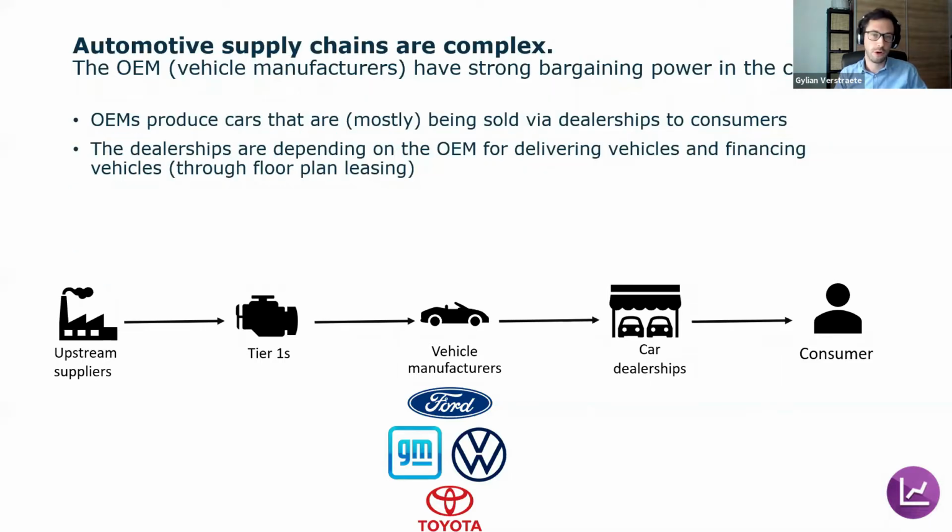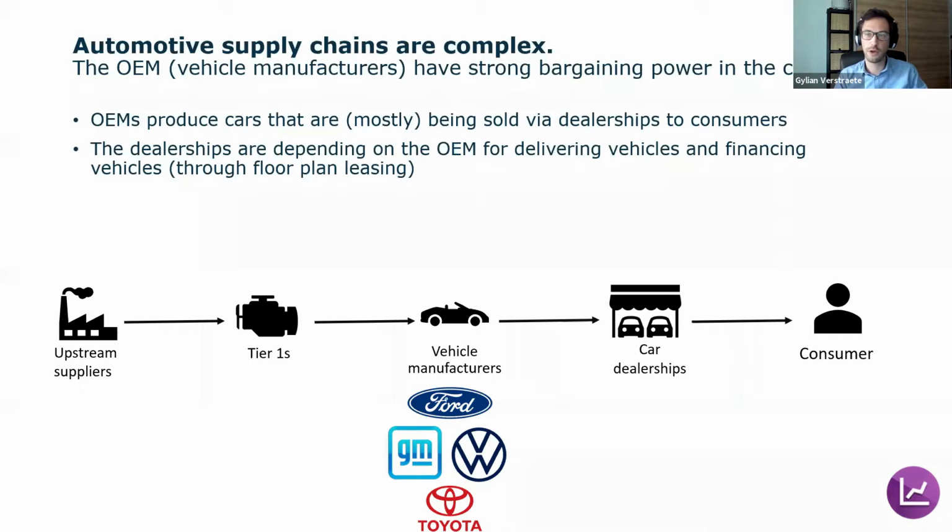If we then look further downstream, we see that those vehicles are being sold to consumers via car dealerships. So car dealerships sell cars to consumers, and they receive cars from the OEMs. But they are also very dependent on the OEMs in the sense that the OEM delivers the goods to the car dealerships.